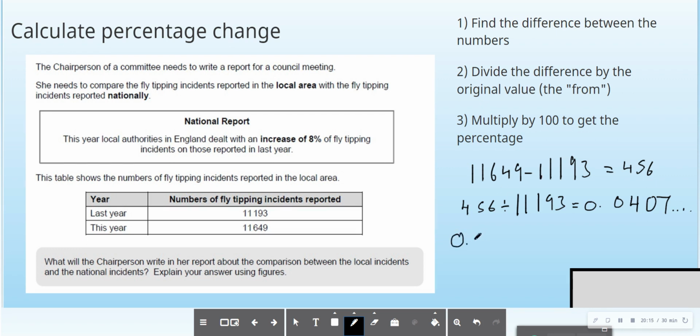So let's put 0.0407 multiplied by 100, and that gives us 4.07%. So if we're comparing, nationally, the increase was 8%, and locally, the increase was 4%. So in the answer, the chairperson will write that locally, it has only increased by 4%, which is less than nationally, which has increased by 8%.